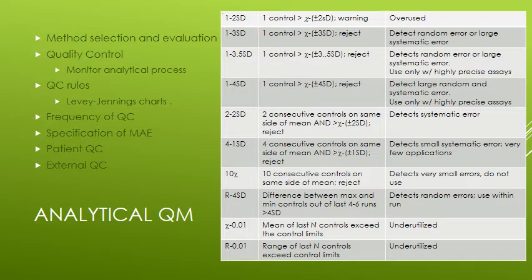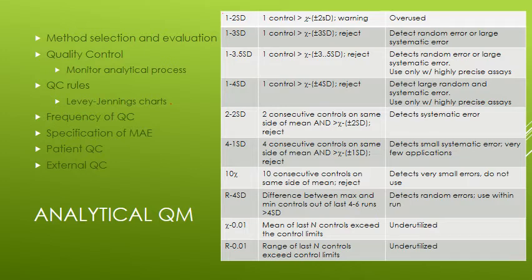Just to say a couple of quick things. Your patient QC refers to checks within patient runs. So for example, you get a really strange result. One of the first things that we usually do is rerun it to ensure that it's actually a correct result, although that happens less and less frequently these days as our instruments become more and more precise.